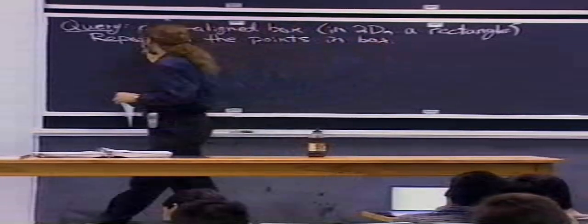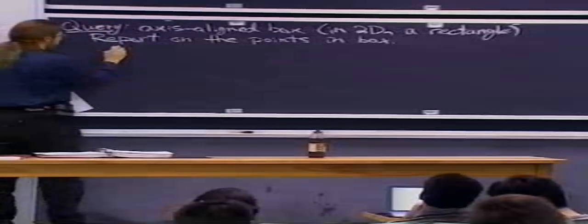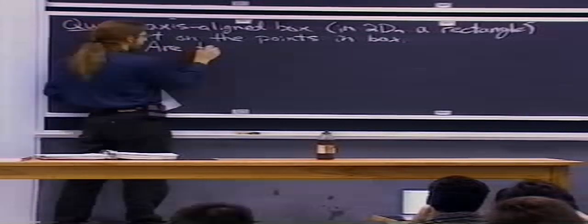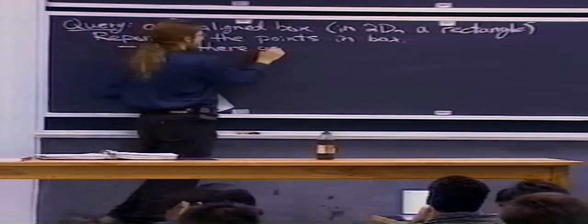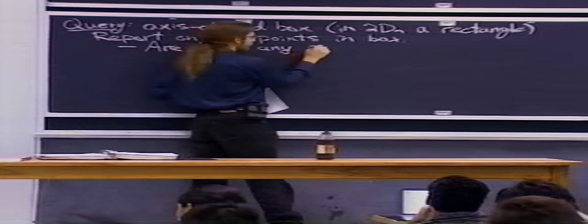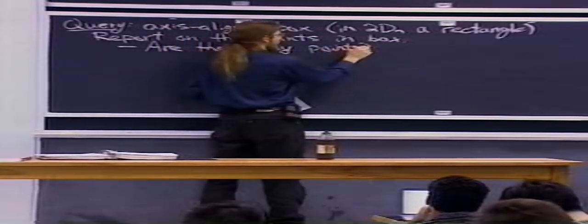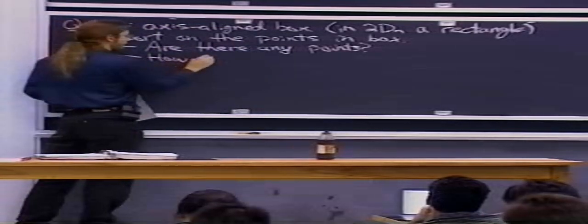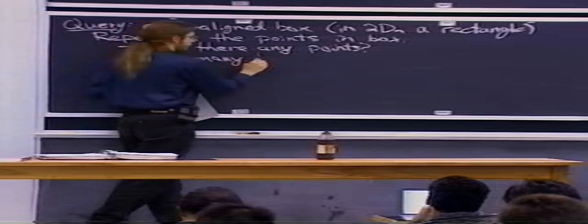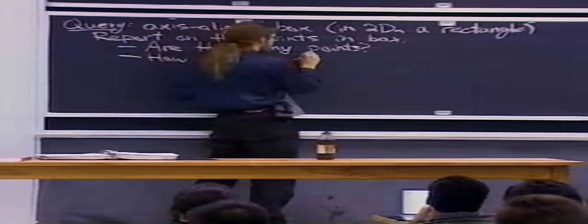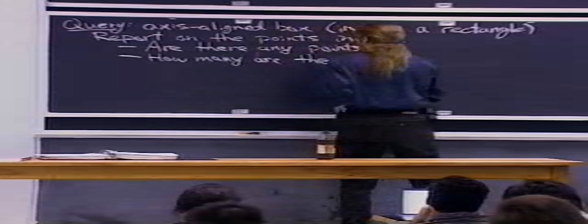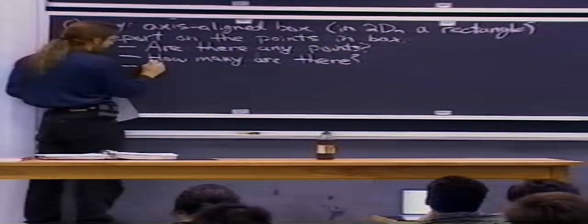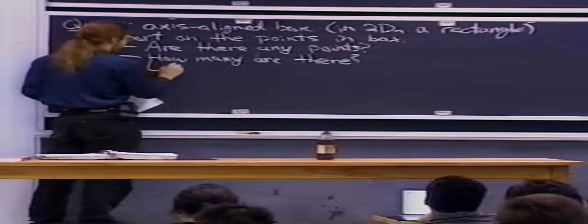There are several things you might mean by the word report. Some examples are, is there anything in there? Are there any points in this box, or is it empty? Once you know that there are some points in there, maybe you want to know how many there are. And then once you know how many there are, maybe you want to know what they are. So let's say list them.